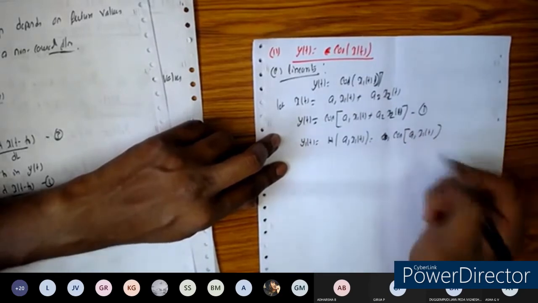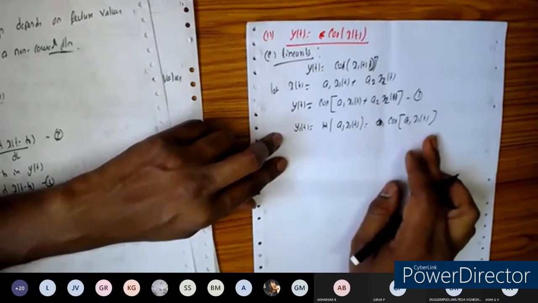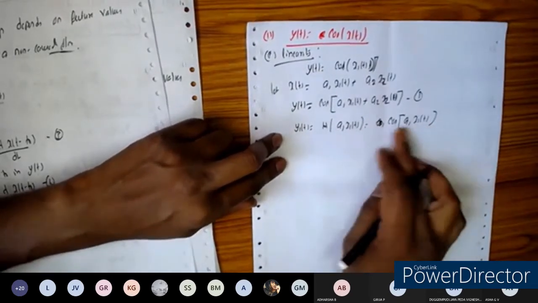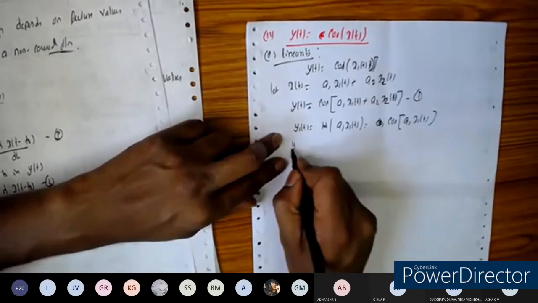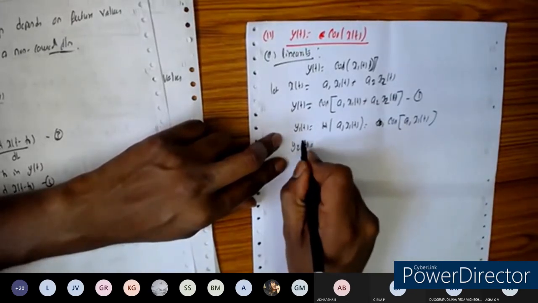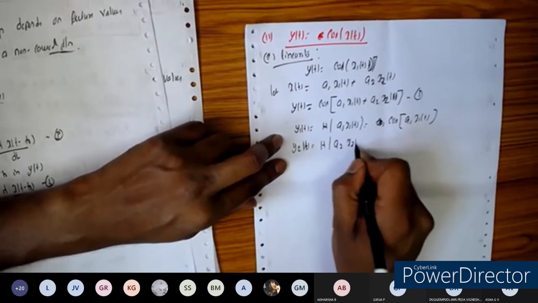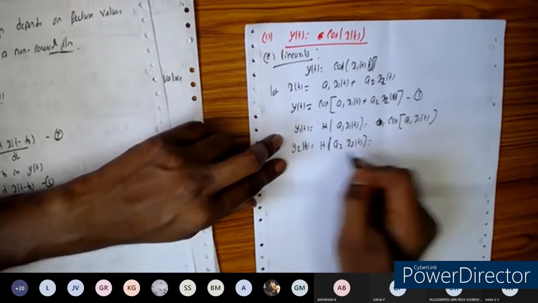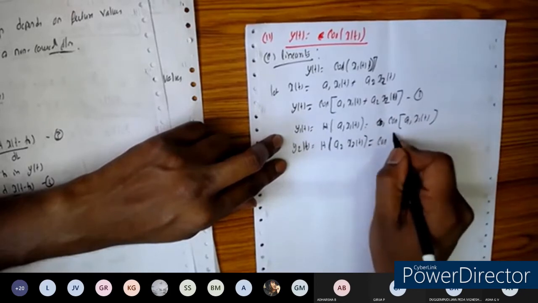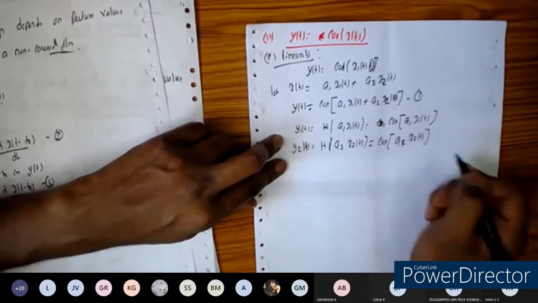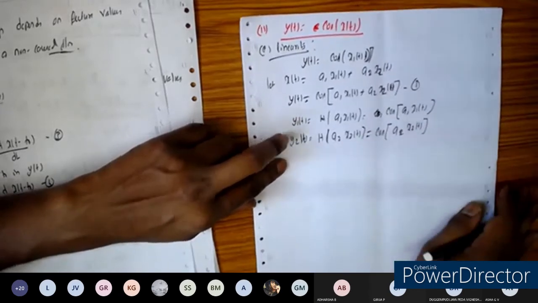We can't say cos of a into x is a into cos of x, so we keep it like that only. Similarly, y2 of t is h of a2 into x2 of t, which is cos of a2 into x2 of t.